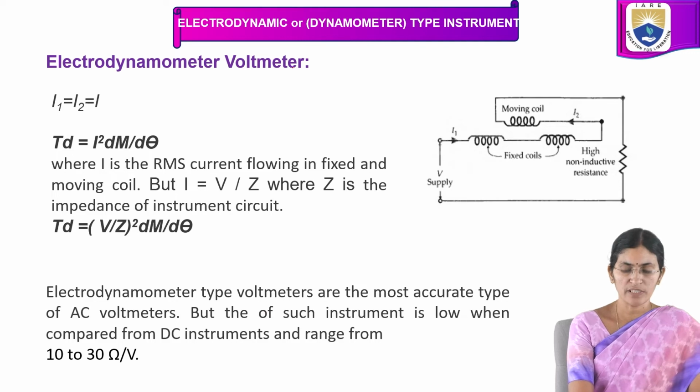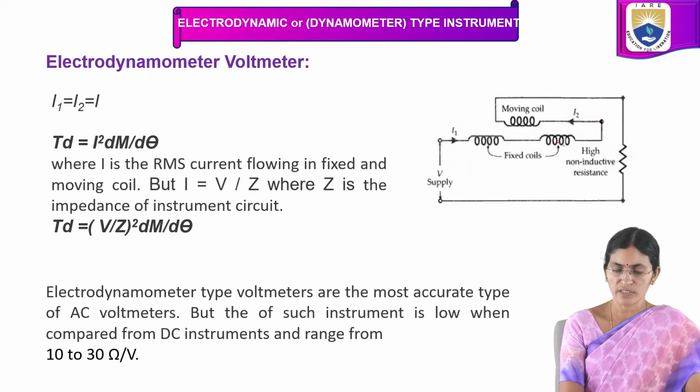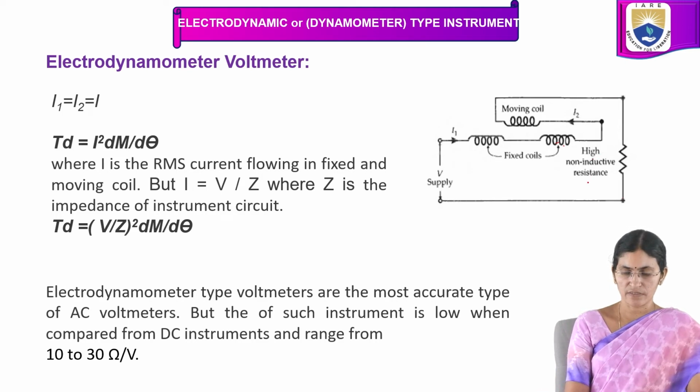Next, electrodynamometer type voltmeter. Here you can see the arrangement for this instrument to be used as a voltmeter. These are the two fixed coils connected in series. This arrangement is connected in series with the moving coil also, and then connected in series we have a resistance. This is a highly non-inductive resistance.